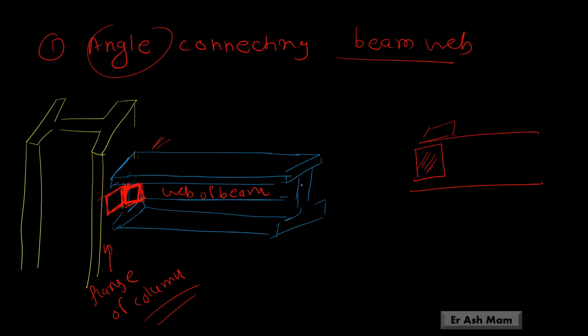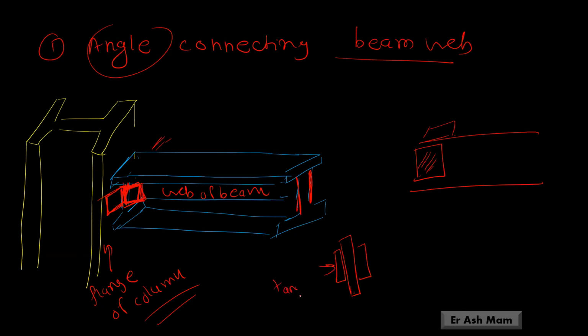Okay. And this one is web of beam. It means double shear will occur. One is thickness of plate, then thickness of web, and then again thickness of angle. Okay.